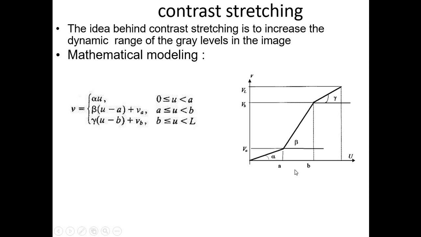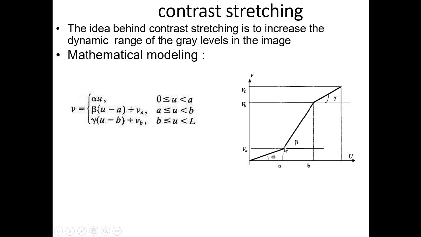Whereas for a value of u between a to b, it is this curve that is used for the transformation, with beta being this angle, and the modified value of v can mathematically be written as beta times (u minus a) plus va. This curve starts from va, and therefore this plus va is there.